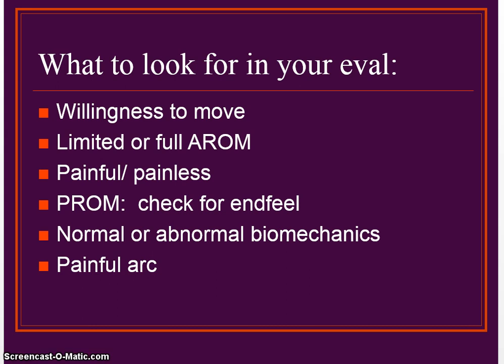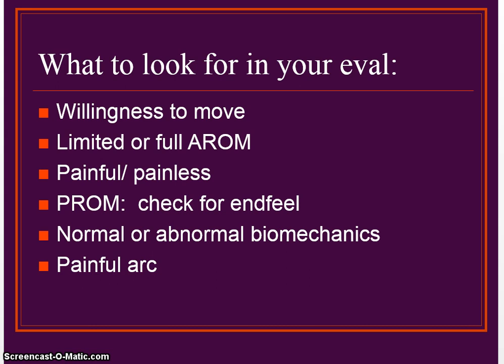And when you do abduction, one of the things you want to ensure is that in order for you to get that good inferior glide, you want to externally rotate so that your thumb is out and your palm is facing forward, and then you go into full abduction. If you have your thumb in and go into abduction, go ahead and try it. Thumb down, go into abduction.